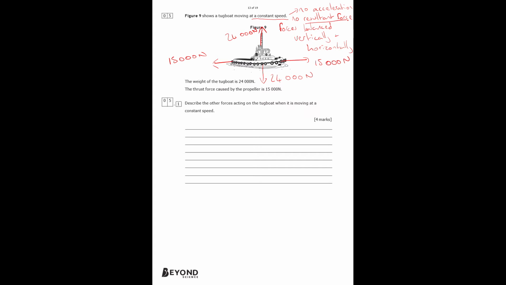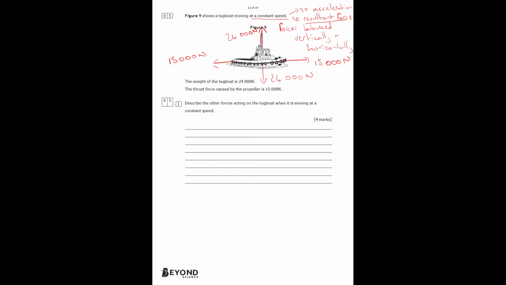Just to remind you that a resultant force is the single net force which acts as a result of the combination of all other forces. So horizontally, we have 15,000 newtons going forward and 15,000 newtons going backwards. 15,000 minus 15,000 is 0 newtons. So we have a resultant force of 0 newtons.